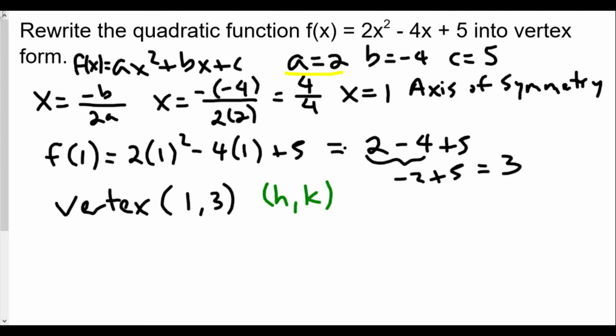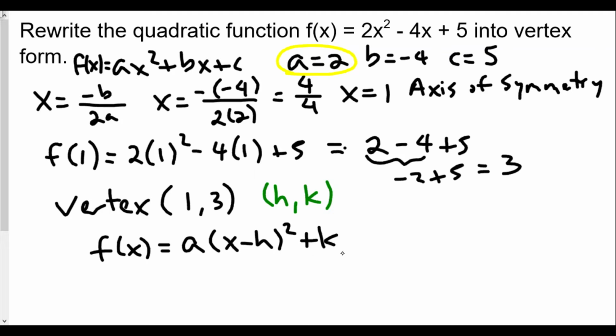We also know our a value we found from before is the same a value used in our formula. Now, by the way, f of x and y are interchangeable. When you talk about function, use f of x, but it really means the same thing. So f of x equals a times x minus h, the whole thing squared, plus k. And we see in this case, a equals 2 from before, the h value is 1, and the k value is 3.